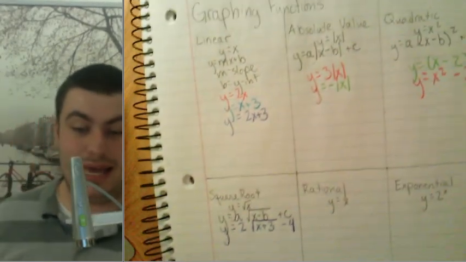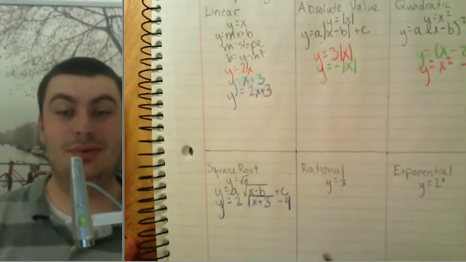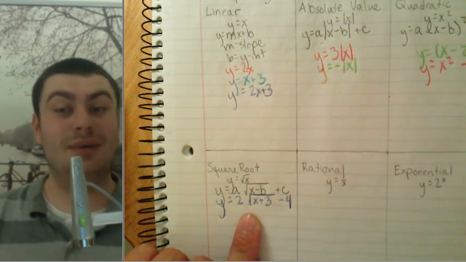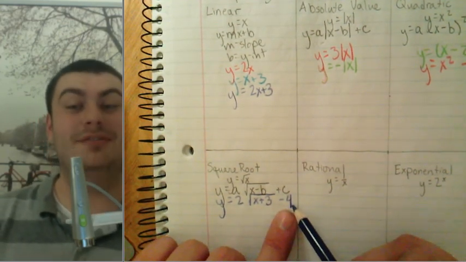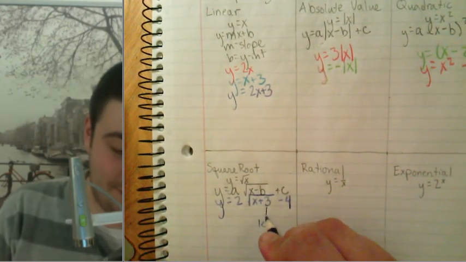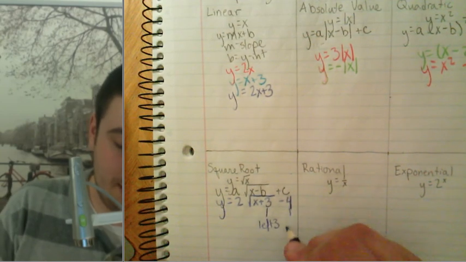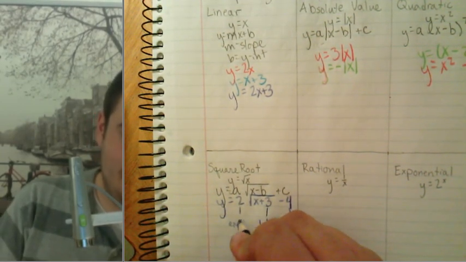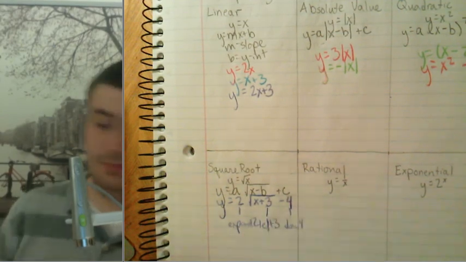So with a being a stretch, we're going to expand it 2. We're going to move it 3 to the right, and we're going to move it negative 4 down. Sorry, I lied. This is 3 to the left. This is down 4. And we're going to expand 2.